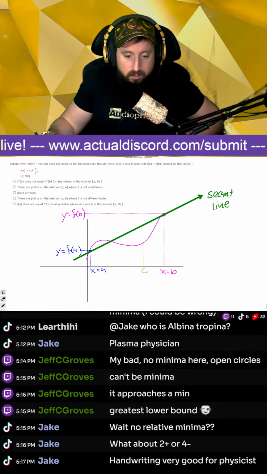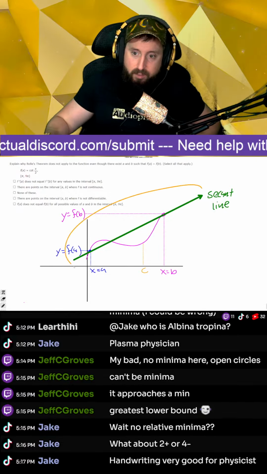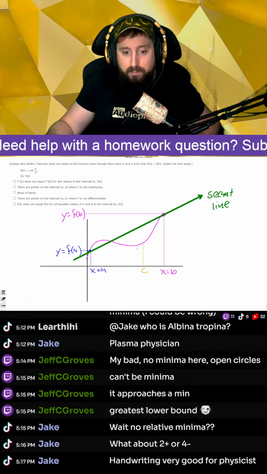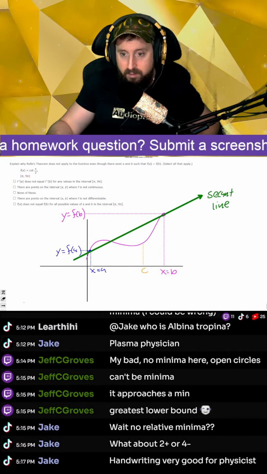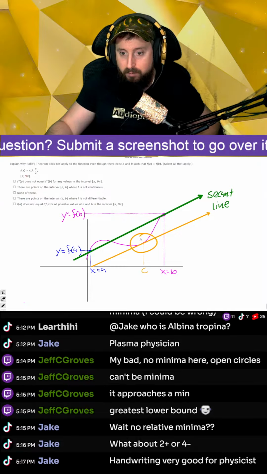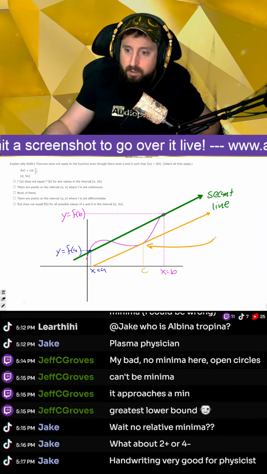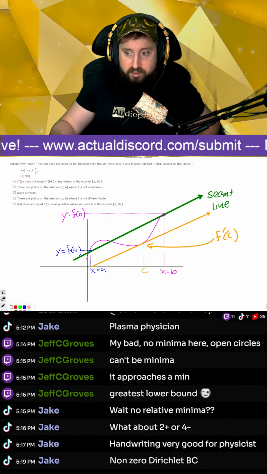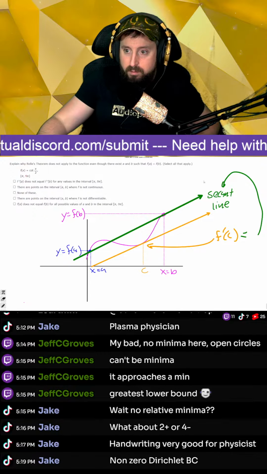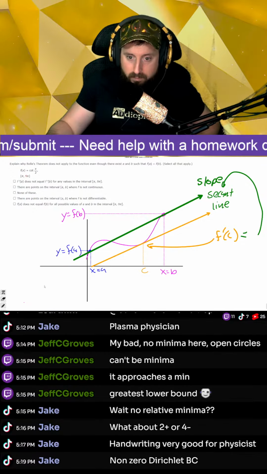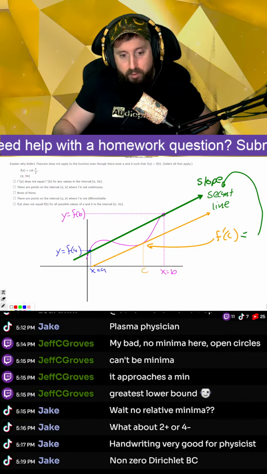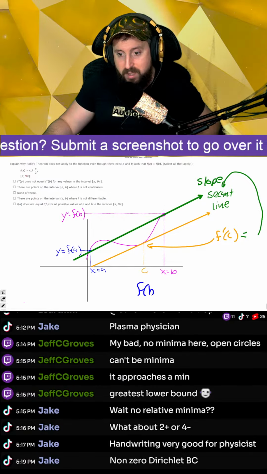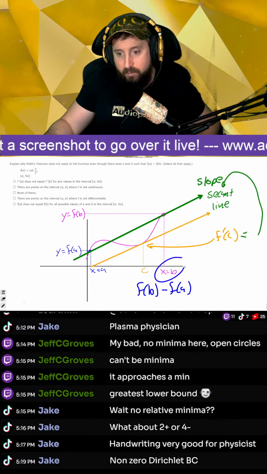And what that says is that the slope of the secant line between point a and point b needs to pop up again somewhere in between as the derivative, and that pops up here. So f prime of c is equal to the slope of the secant line between a and b, which is y2 minus y1, so f of b minus f of a over x2 minus x1.